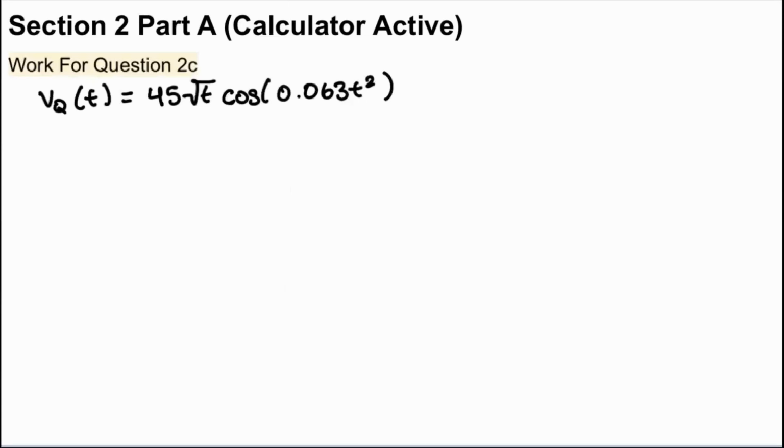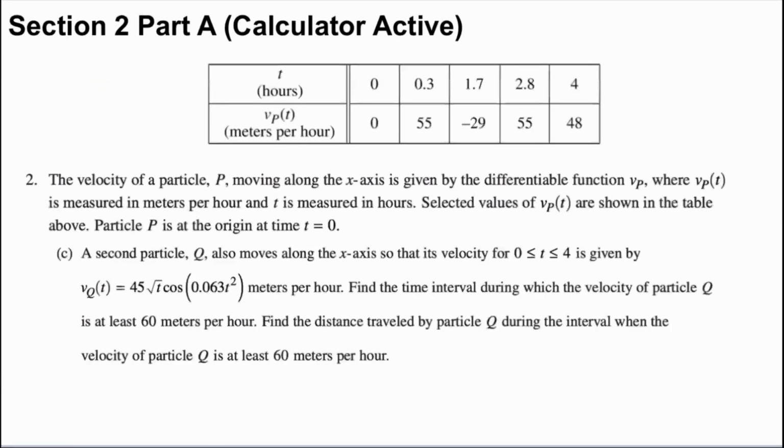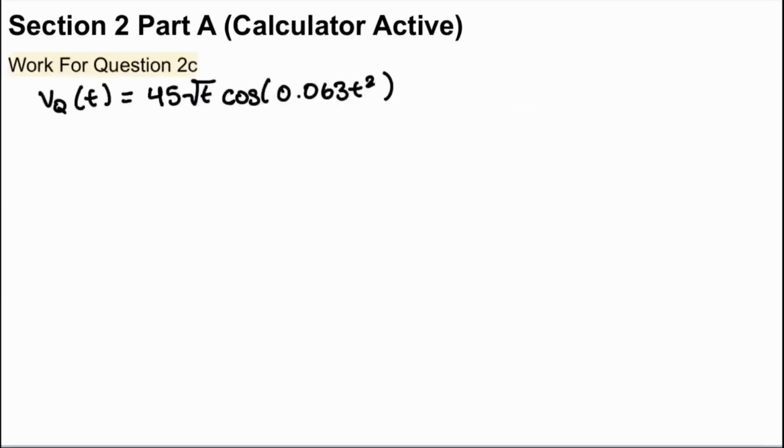Yeah. And so when we want to find the time interval during which the velocity of particle q is at least 60 meters per hour, we want to find the t values when vq of t is 60. So I'm just going to write 60 equals, and then this whole thing I'm going to bring down here.